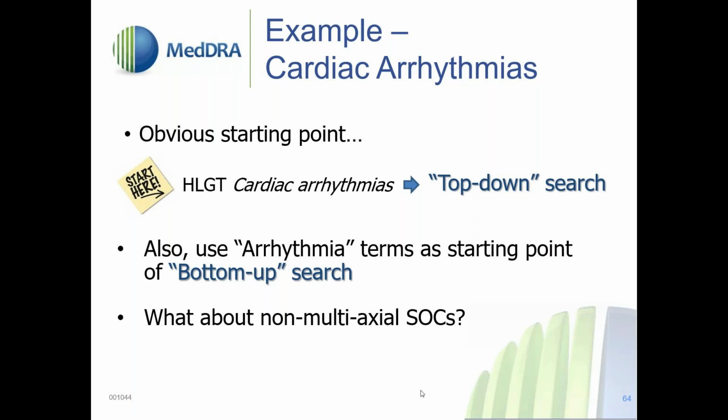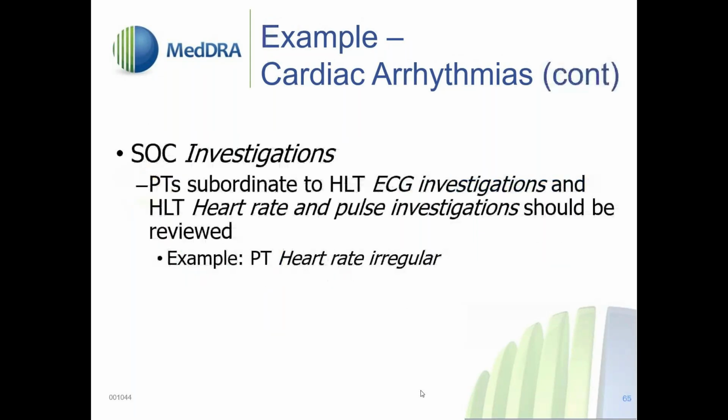But then also we need to think about the non-multi-axial SOCs. And one is, of course, investigations. And we might want to look into the HLT ECG investigations and heart rate and pulse investigations, where we would find a PT like heart rate irregular, which is a good one for an SMQ for cardiac arrhythmias.